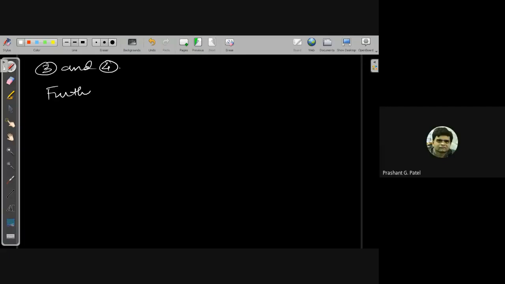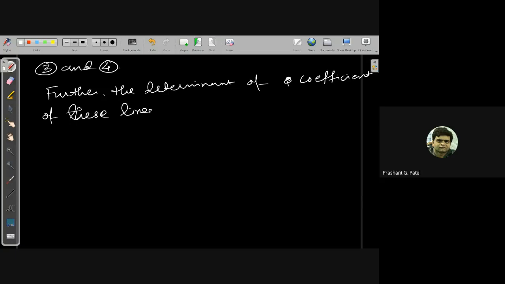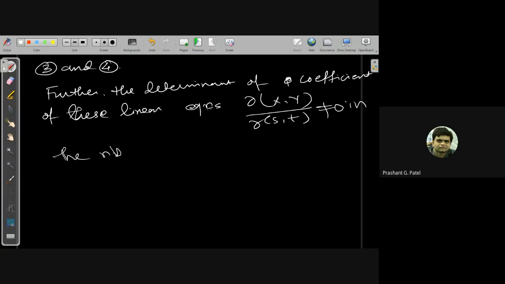Further, the determinant of the coefficient of this linear system, that is del (x, y) by del (s, t), has to be non-zero in the neighborhood N of (x0, y0).